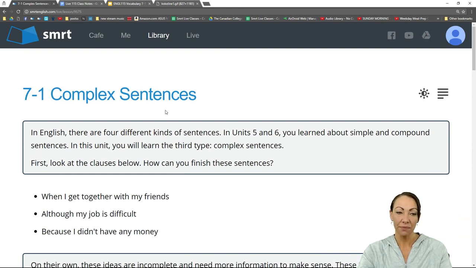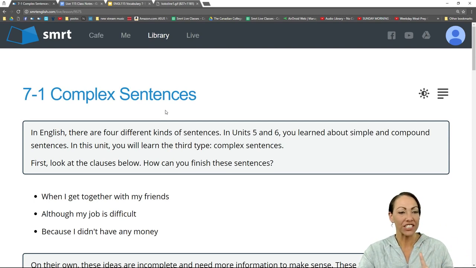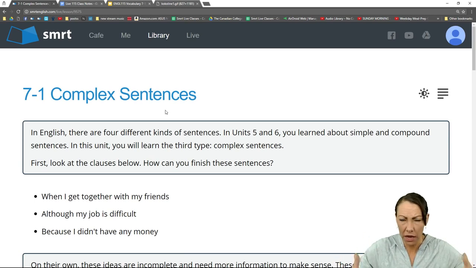So let's first look at our clauses and how we can finish these sentences. And you'll see what I mean by the fact that these are not complete sentences because they're not complete ideas. There's still more that we need to know. First example, when I get together with my friends, well, tell me more.